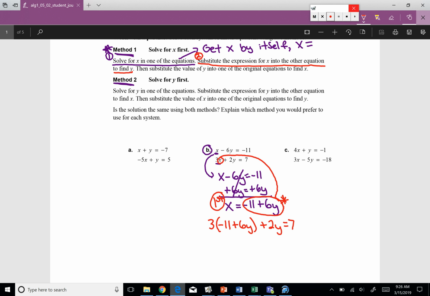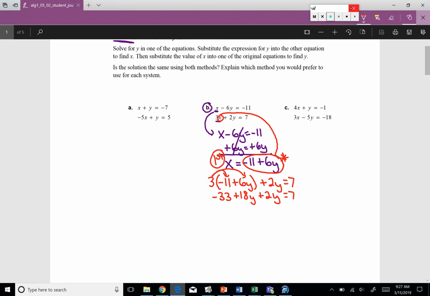We have to keep in mind we need to use parentheses. Now I have to solve that equation for y. So here's where our equation solving skills come in handy. First I have to distribute. We get negative 33 plus 18y. And then I still have plus 2y equals 7.